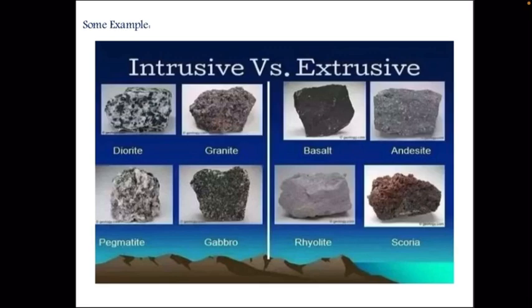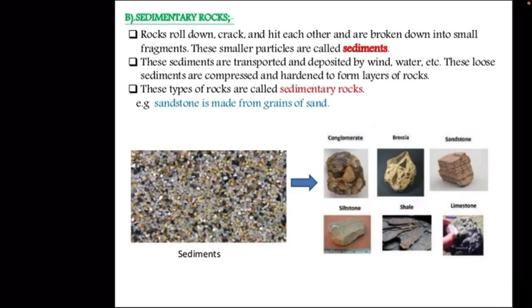Secondly are the sedimentary rocks. When the rocks roll down, crack and hit each other and are further broken down into smaller fragments, these are the smaller particles called sediments. Now, when these sediments are transported and deposited by wind, water, and any other source, these loose sediments are compressed.